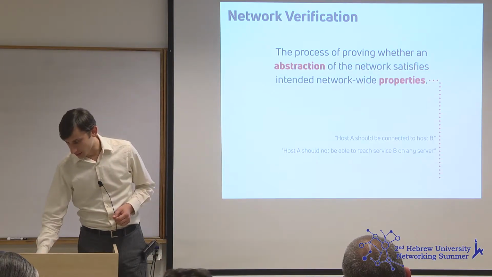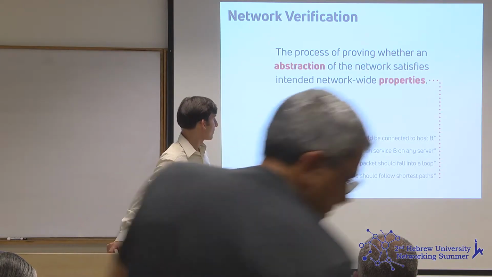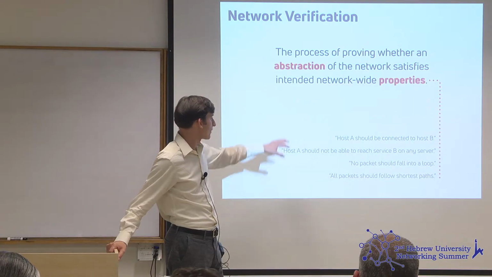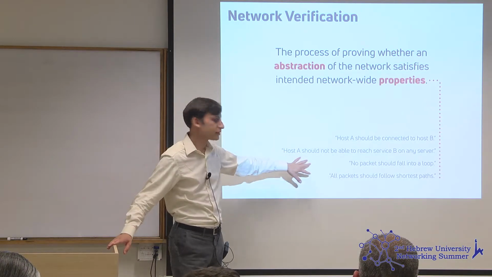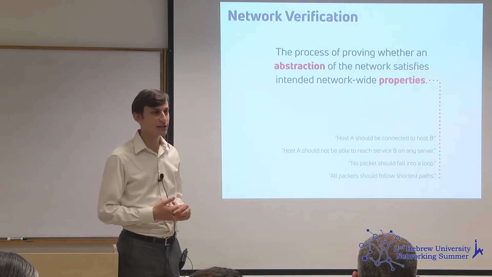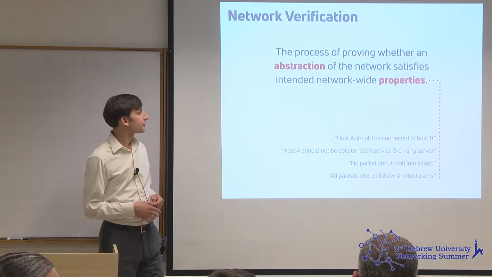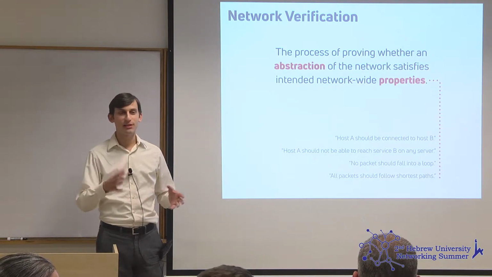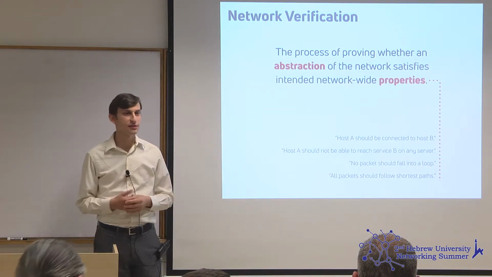So these are some good ones. I think we hit some of the highlights here. You can also talk about more performance-oriented aspects, and we'll see a number of other examples of properties that you can check. So properties, invariants, or intent of the network operator, I'll use those words interchangeably.